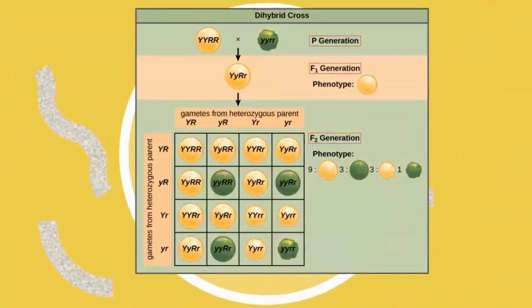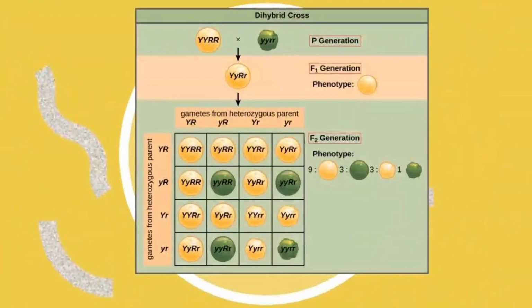So a common ratio that you will see when you have a dihybrid cross of 2 heterozygous parents is that you will have 9 offspring that have the phenotype of the parent. You will have 3 that have one of the phenotypes of the parents and the other one not, and the reverse with the other 3.